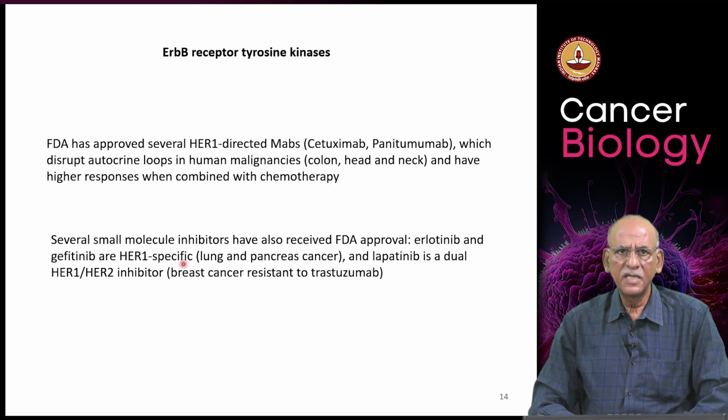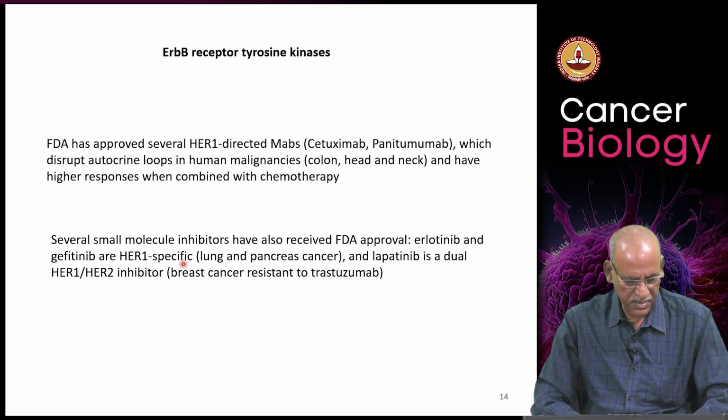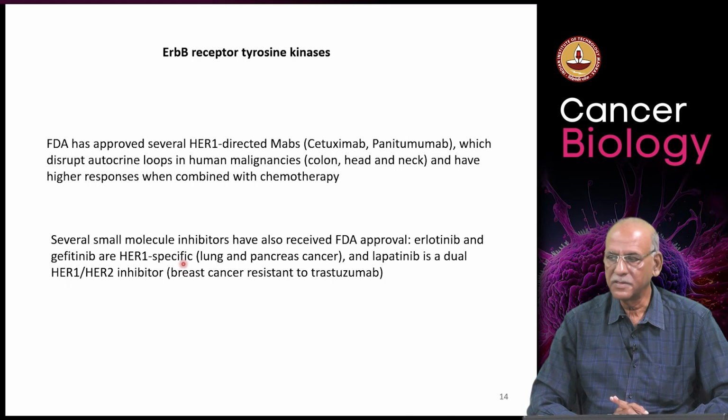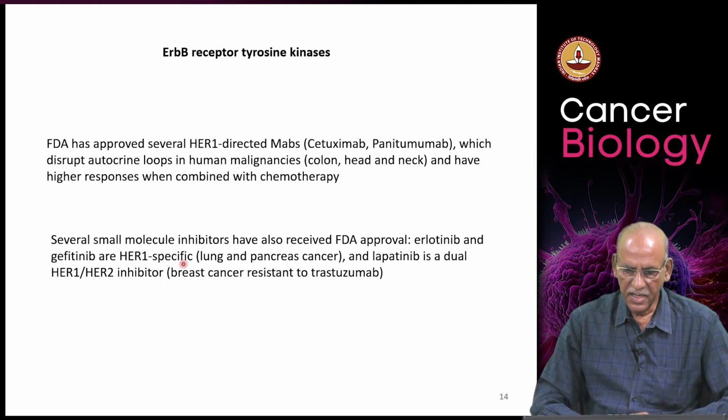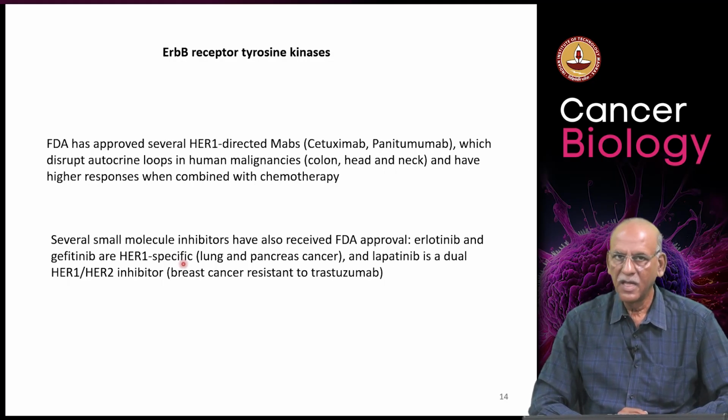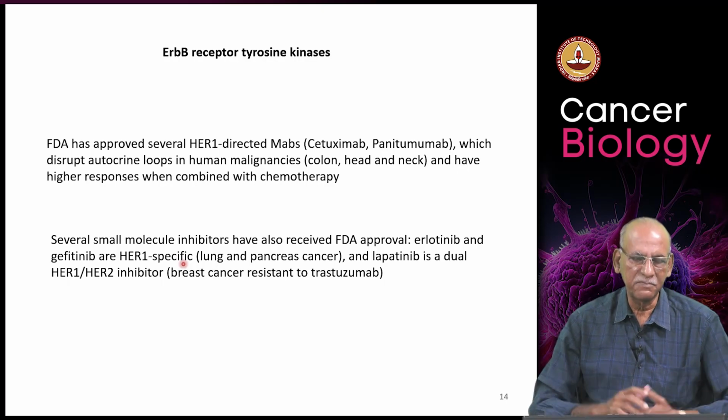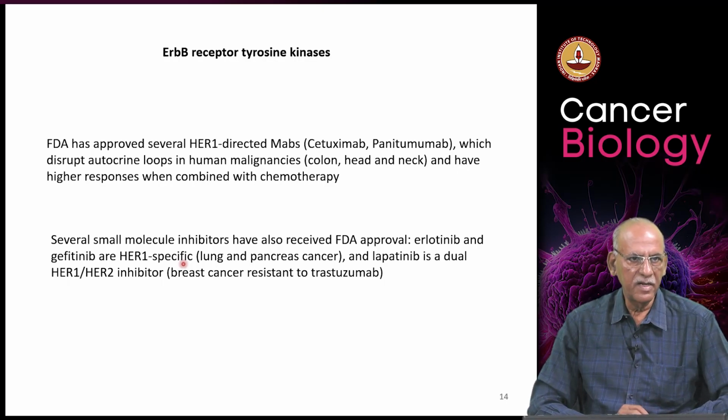The other thing is, in the same family of receptors, the so-called EGF receptors, FDA has approved several antibodies. Some of them are listed here, monoclonal antibodies. HER1 means EGF receptor, human EGF receptor 1. That means it is basically the epidermal growth factor receptor, right.